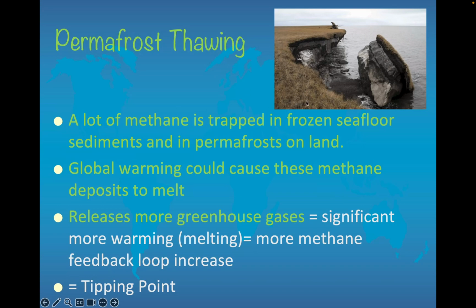Right now, we still have enough changes in our seasons where even if this melts some in warmer seasons, it refreezes in colder seasons, and we kind of go back and forth. The concern is that it will stop freezing enough that we'll have so much methane being released into the atmosphere. So permafrost thawing, a concern related to global warming and different feedback loops.